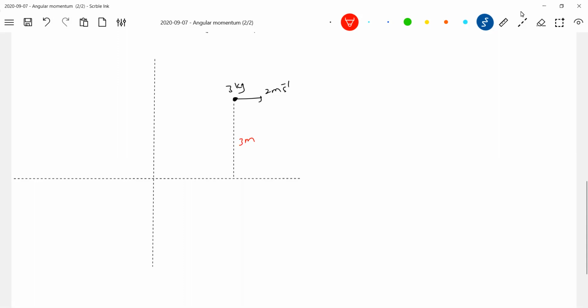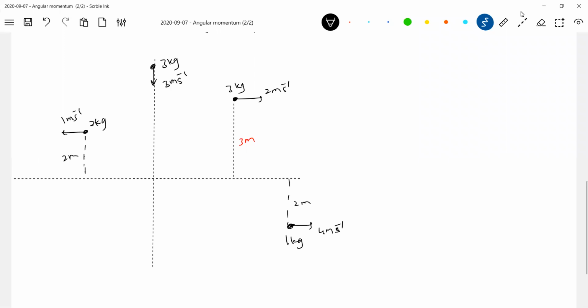Three meter. Two meter. Meter, and this is 1 kg.